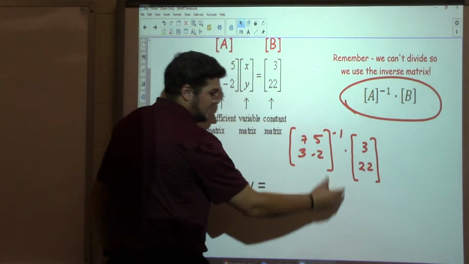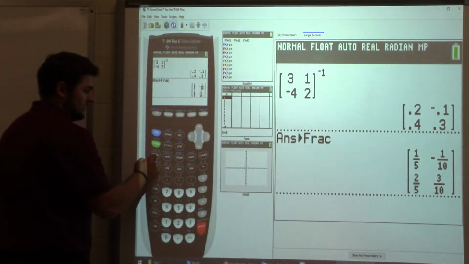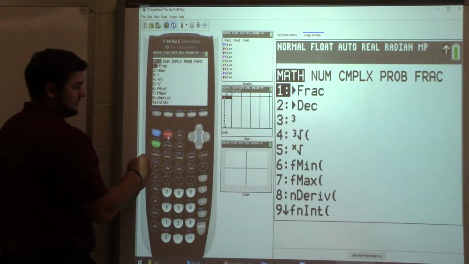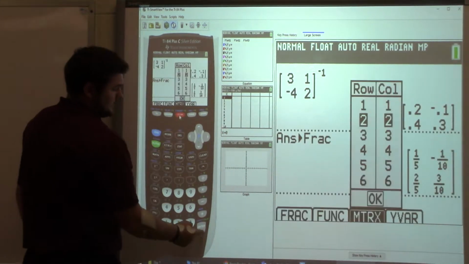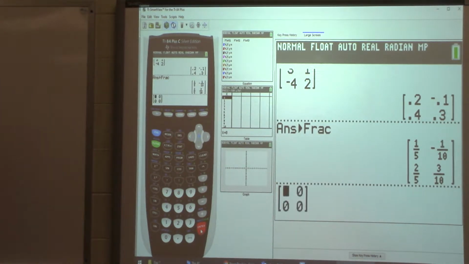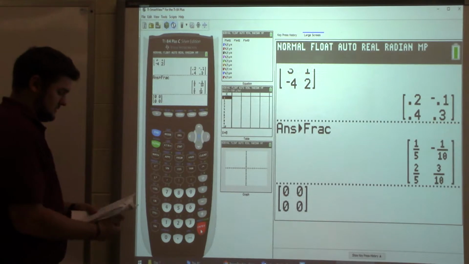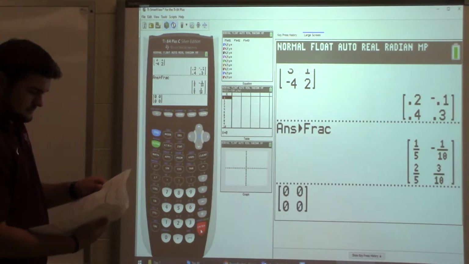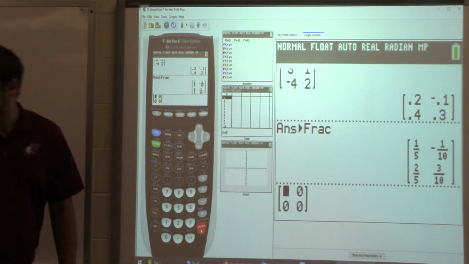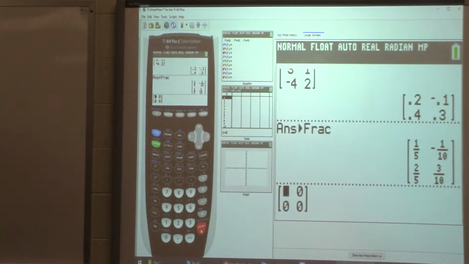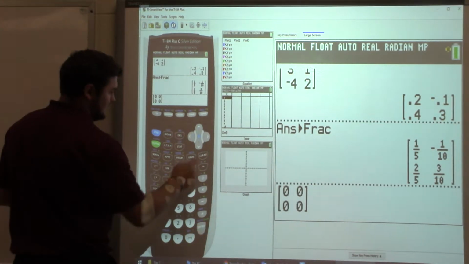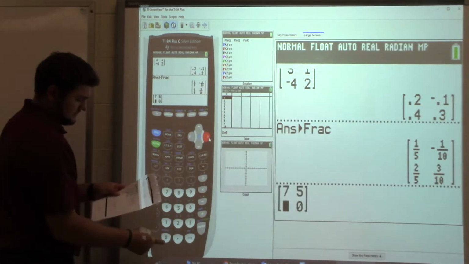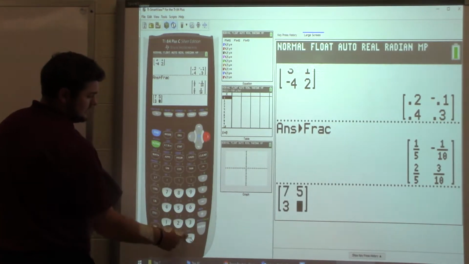So if I have that written down, I'm going to go to my calculator. Oops, I don't want math. Alpha zoom. I want a 2 by 2. I'm going to plug that first one in there. So I have 7, 5, 3, negative 2.